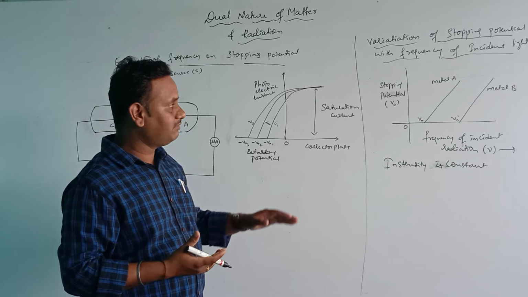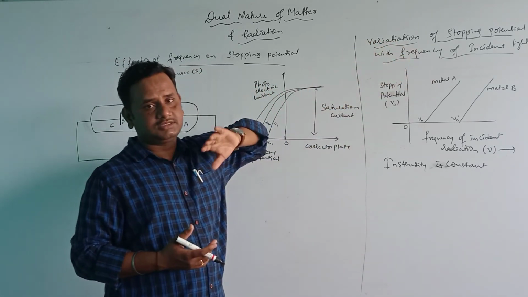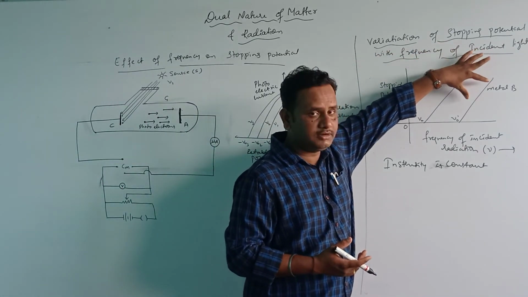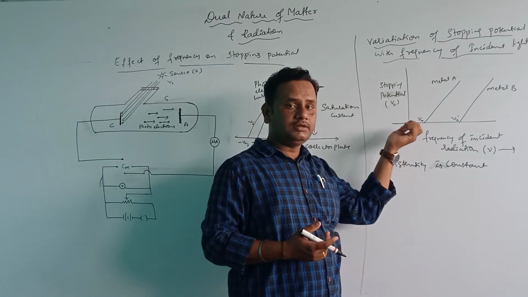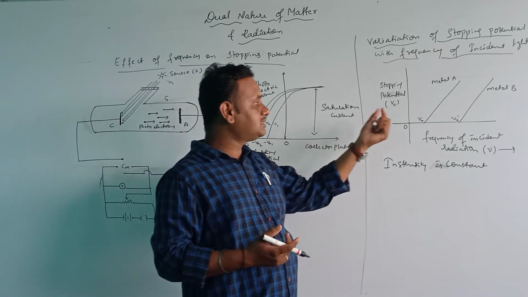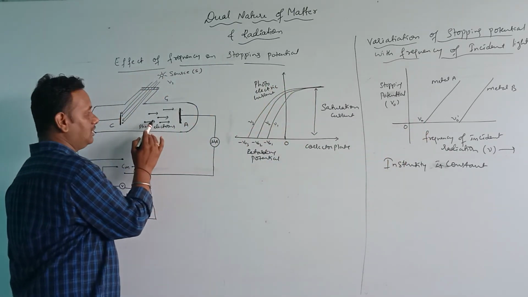So once again, इसका मतलब ये है कि अलग-अलग metals जो होते हैं यहाँ पे, let us consider two metals A and B. For two different metals we have a minimum frequency, and only when the metals get that minimum frequency can they emit electrons.